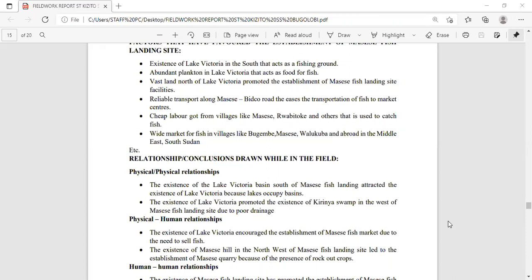This is a method which involves face-to-face interaction between the researcher and the respondent, where the researcher asks oral questions and the respondent gives oral answers. Good. We asked Mr. Lawrence Ndusimie, LC1 chairperson, the problems faced by the residents of Giza village, south of Mbuya Hill, and he told us that there is a problem of poor garbage disposal.